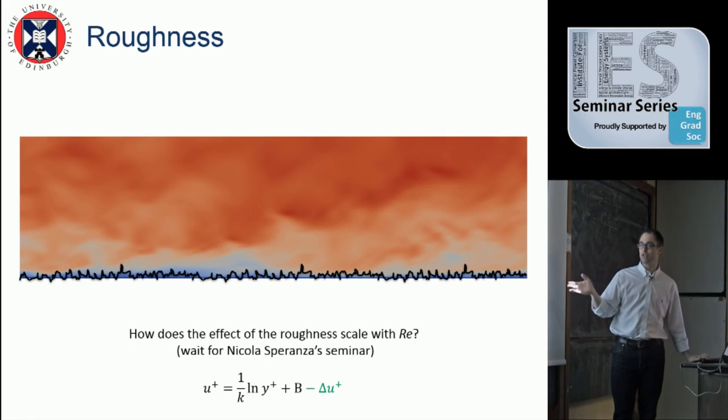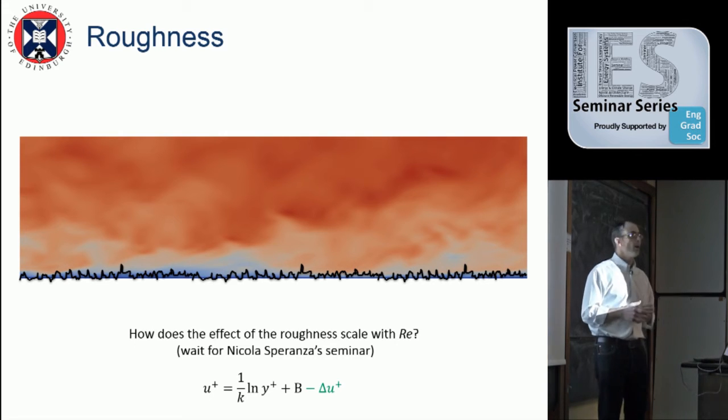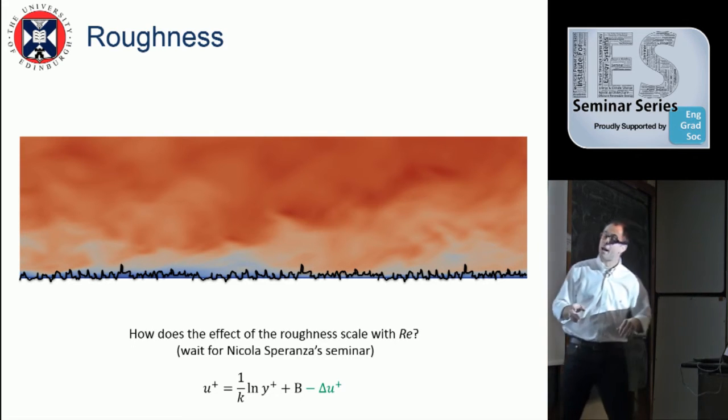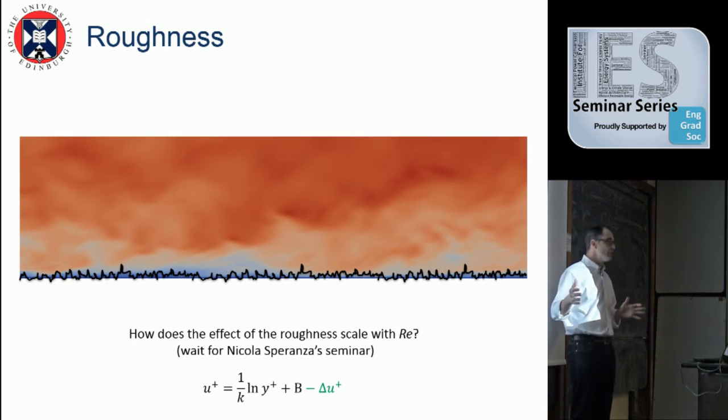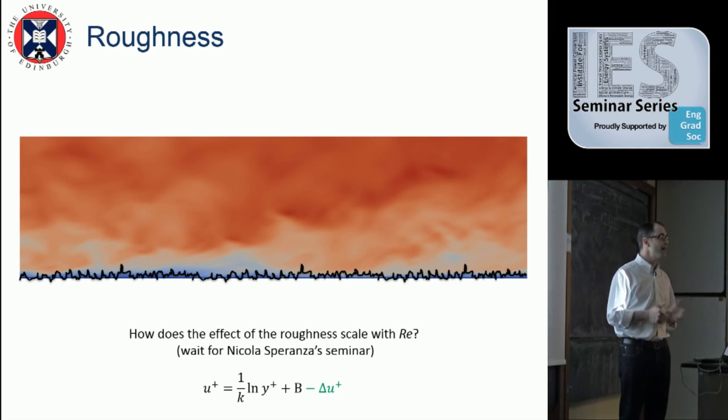We are particularly interested in this because this could be the boundary layer on a ship. At the stern of the ship, the Reynolds number is so high that it is impossible to perform any numerical simulation or any experiment.